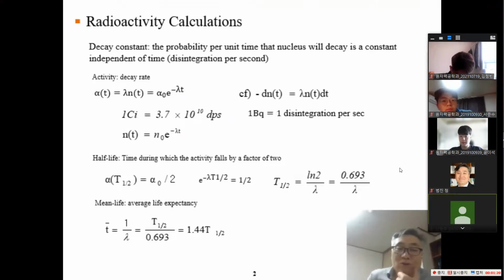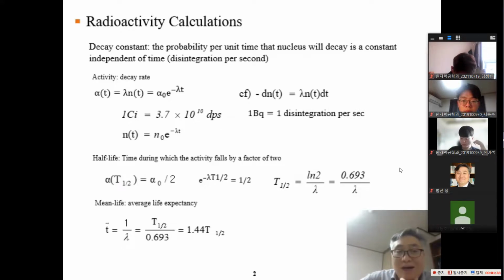So, for example, when we have 100 elements, we don't expect all of the elements to decay at the same time. Some decay early, some decay late. So this is a probability.